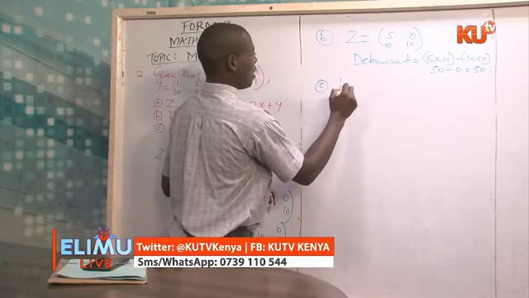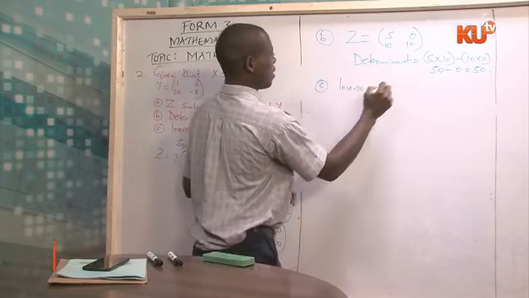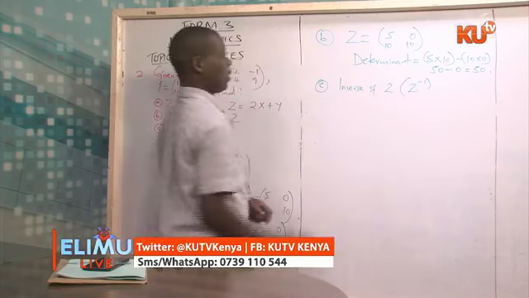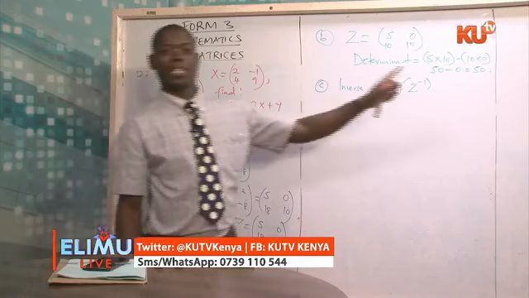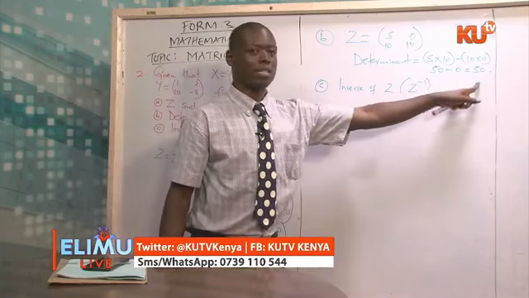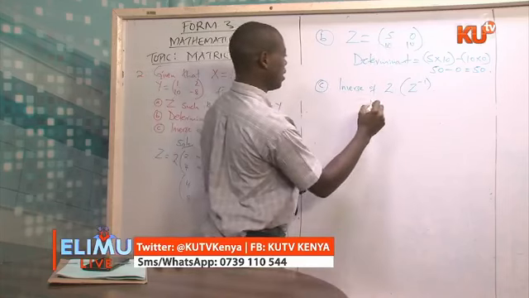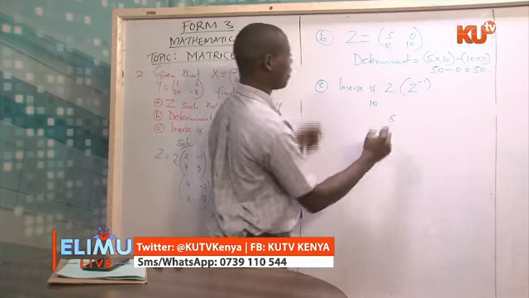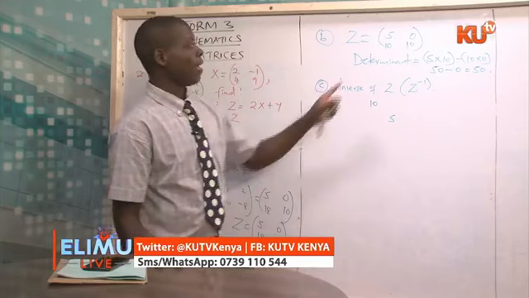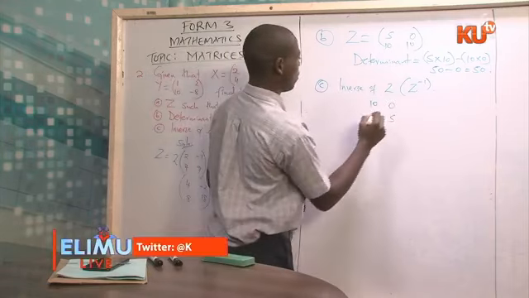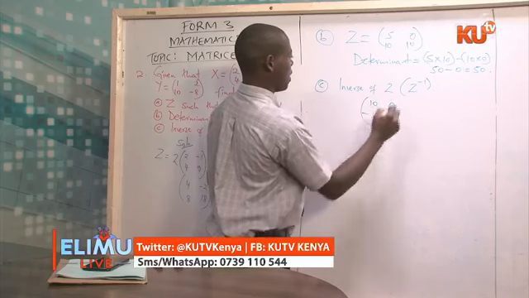What about the inverse? Inverse of Z, which will be written as Z power negative 1. We've said in the inverse, get the determinant. So we already have the determinant. We reverse the elements. So we shall have 10 taking the position of 5 and 5 taking the position of 10. And then have this change in signs. So this will be 0, negative 10.